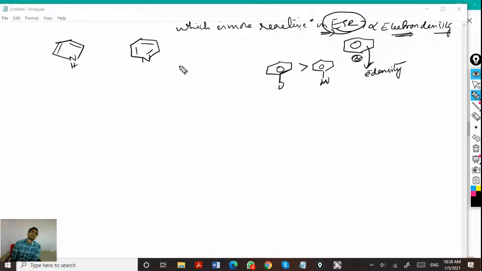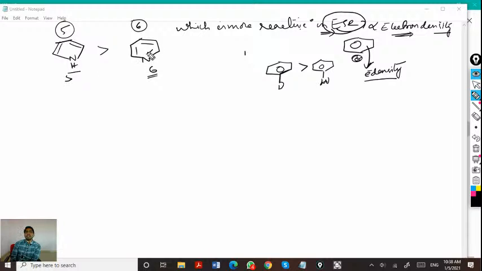Now, 5-membered and 6-membered rings are there. Which is more reactive? Undoubtedly 5-membered rings are more reactive, because we are comparing electron density. What is electron density? Let's say this has 5 atoms and this has 6 atoms, isn't it?